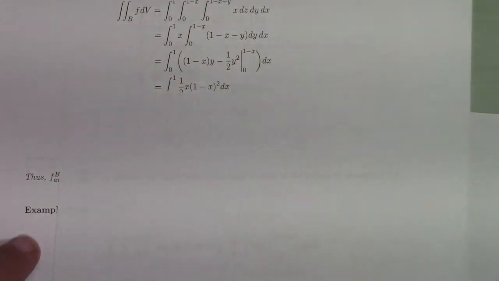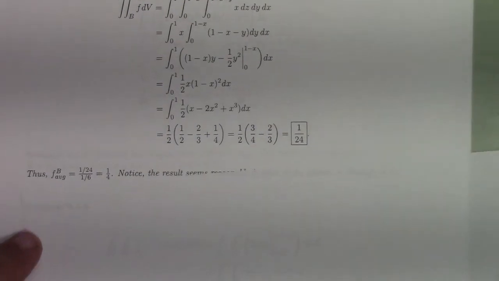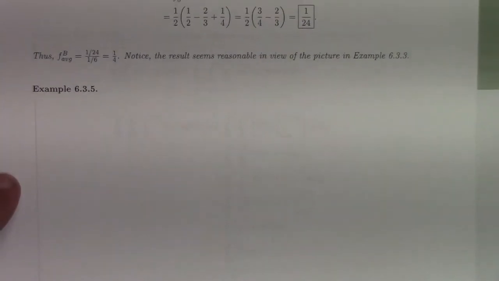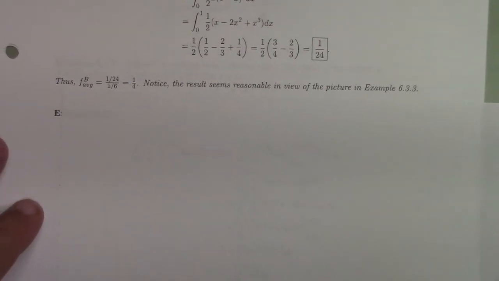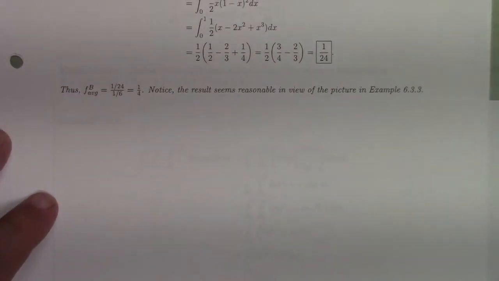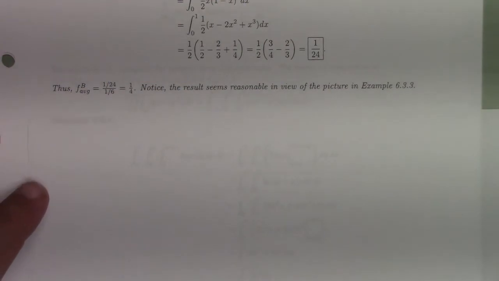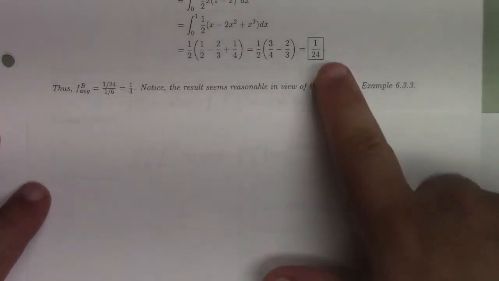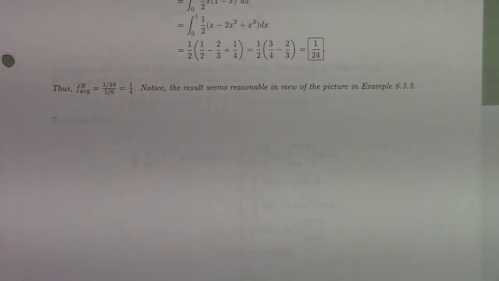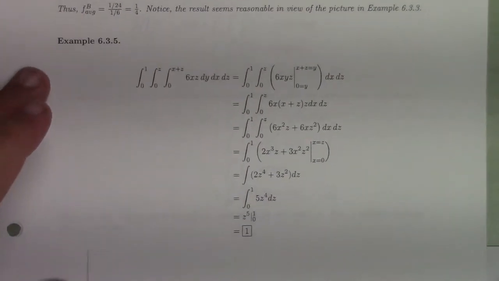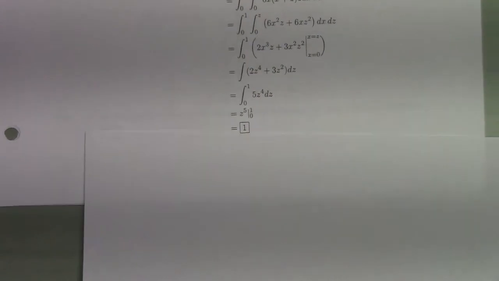And so you do these steps, you get 1/24th, and so the average, you zoom out just a bit, the average of x over that four-sided solid is 1/4, because the integral is 1/24th, and I divide by the volume, which is 1/6, as we calculated in the previous example.